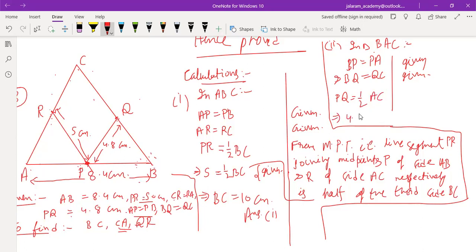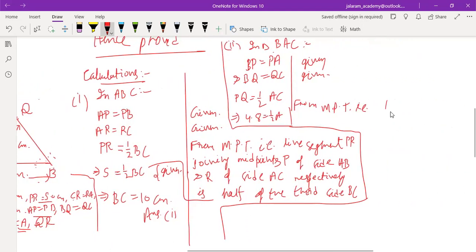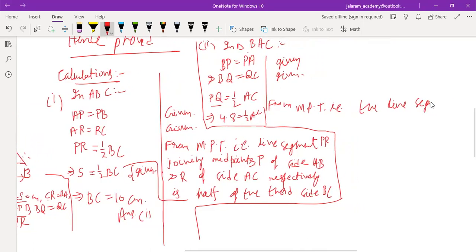The method is completely the same. Length of PQ is given, 4.8 equals half AC. Write the reason. What is the reason? From the midpoint theorem, and mention this also. That is, the line segment. Which line segment? This line segment is PQ only. Joining what?